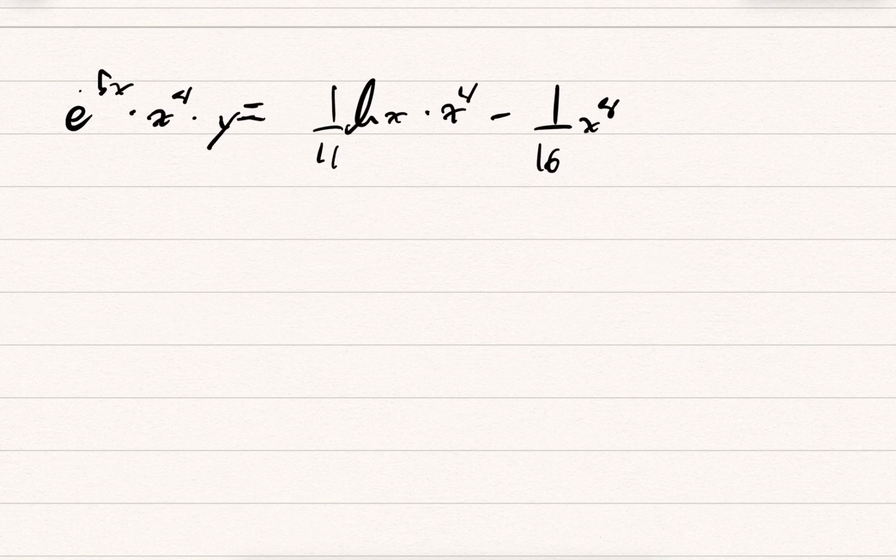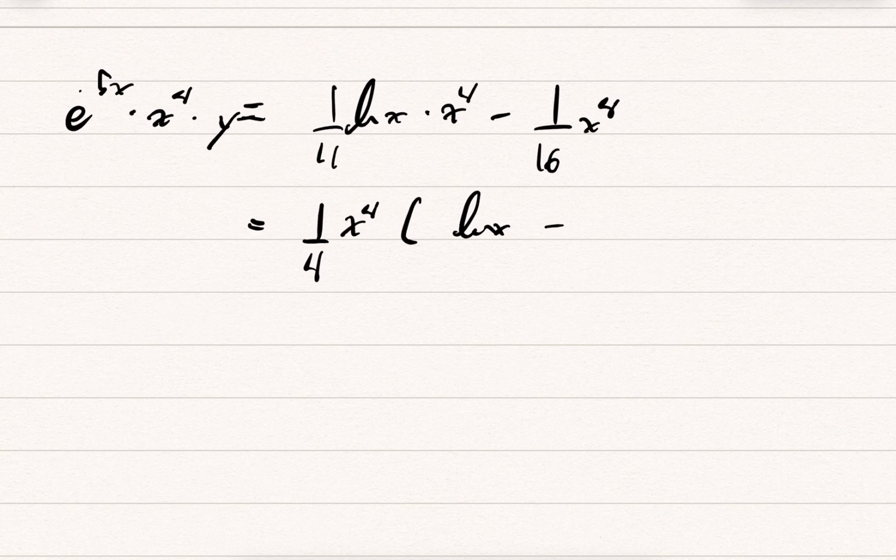Okay, so let's factor out what we can. If I factor out 1 over 4 and my x to the 4, what do I get? I get ln x, right? 1 over 16 divided by 1 over 4.